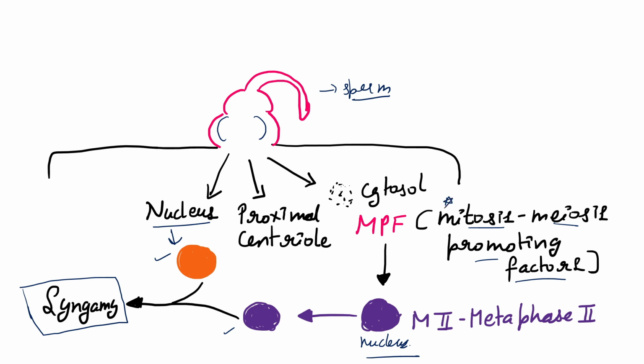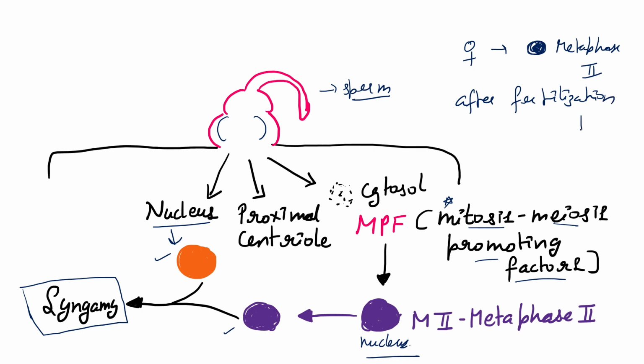I've already told you that in the case of females, the ovum ceases in the metaphase 2 stage, and after fertilization, it again activates the meiosis step. Once the meiosis is completed, the ovum is mature, the sperm nucleus is already there, then it will show fusion, and this is known as syngamy.